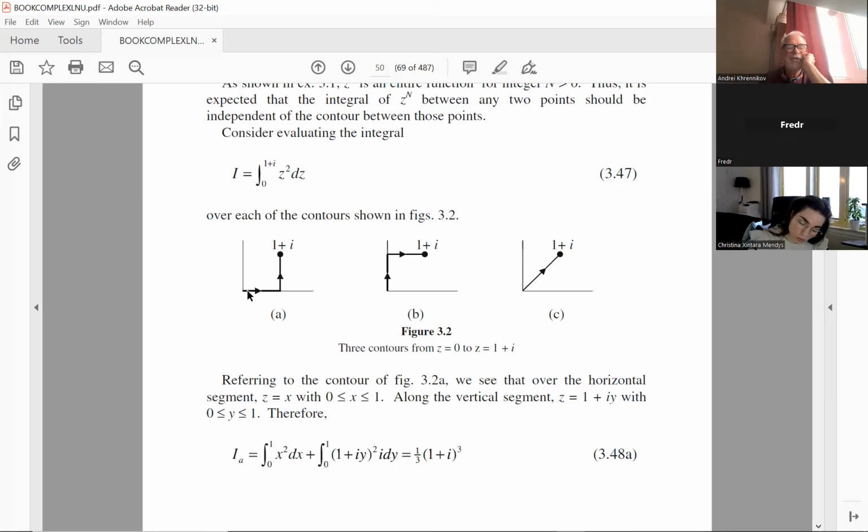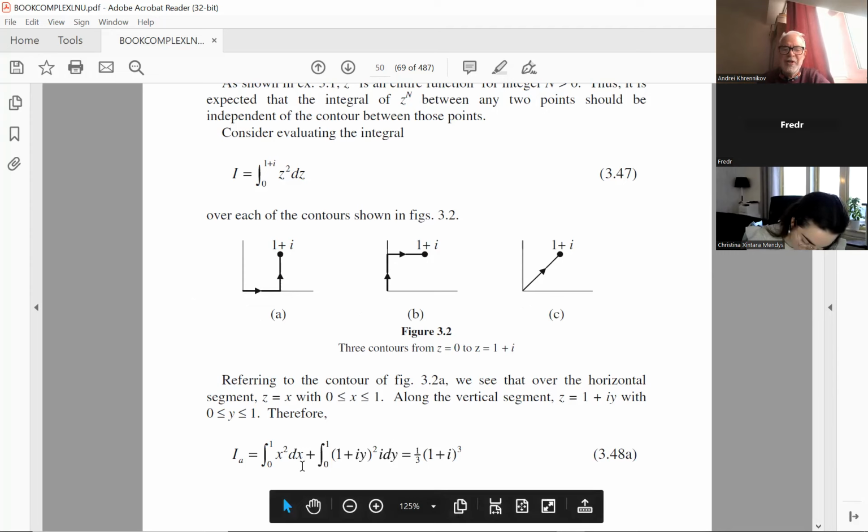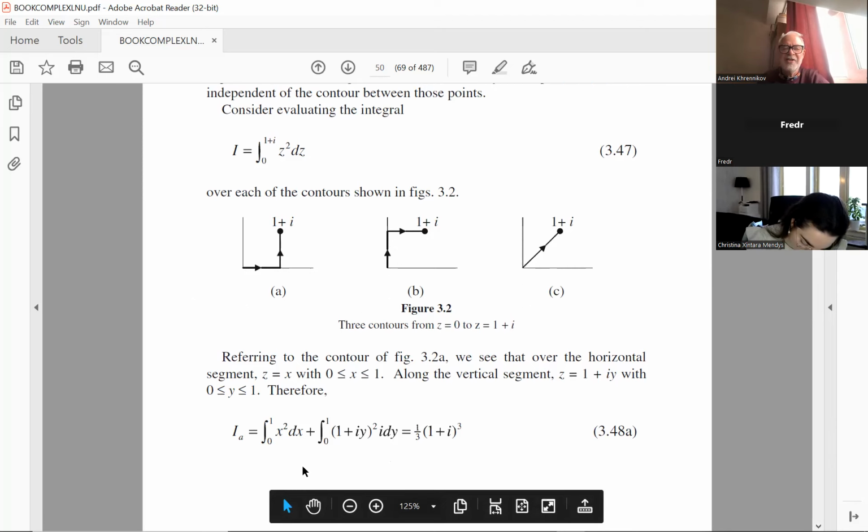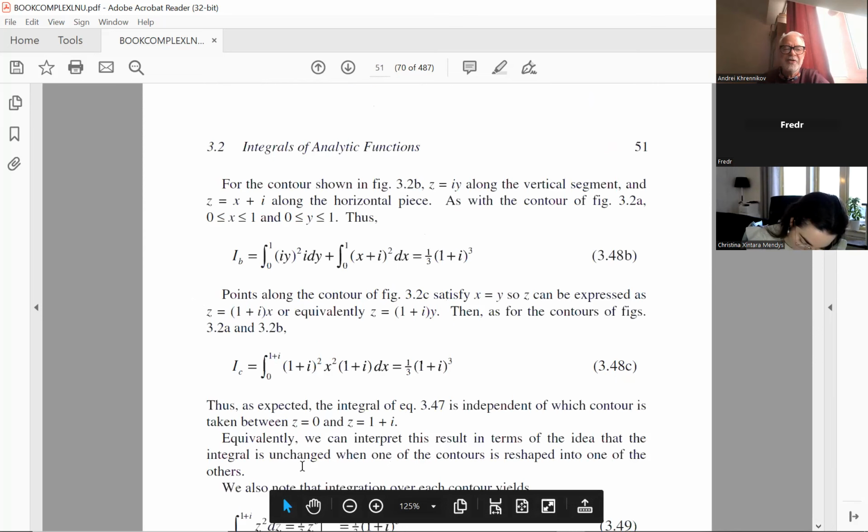So this is the x coordinate, and plus i is the y coordinate. Another pathway I would not go through. It is written in very much detail how they calculate these integrals, and you will see that the integrals are really the same. So they do not depend on trajectory.